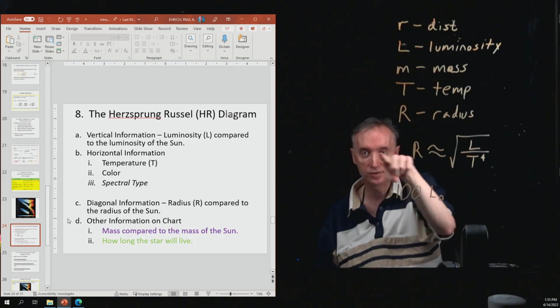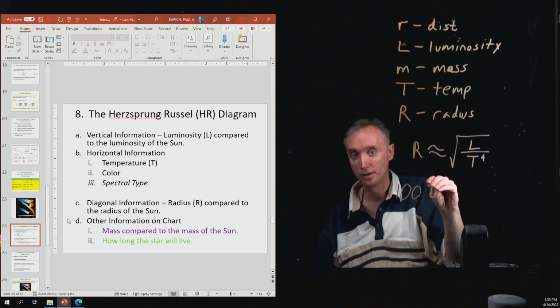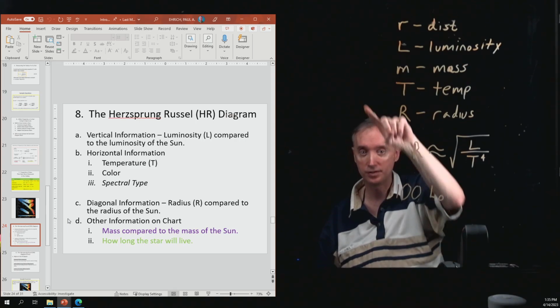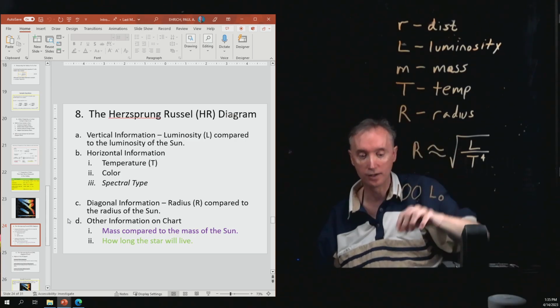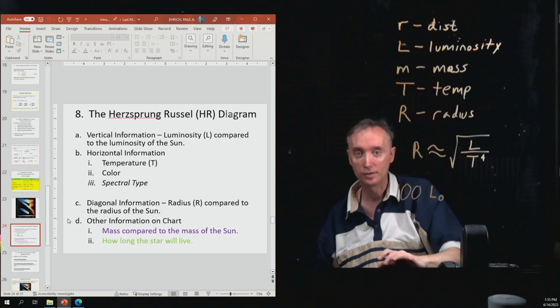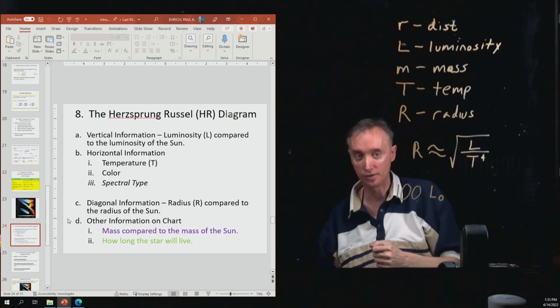Okay, the horizontal information is going to be the temperature of the star, the color of the star, and then the spectral type, which you don't need to know for the exam. And then there are diagonal lines on that chart, kind of hard to see, but the diagonal lines are telling you the radius of the star compared to the radius of the sun.